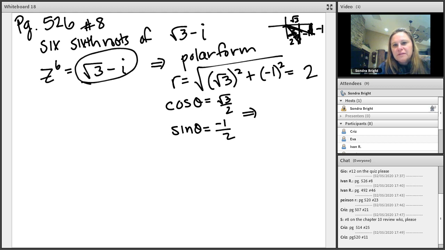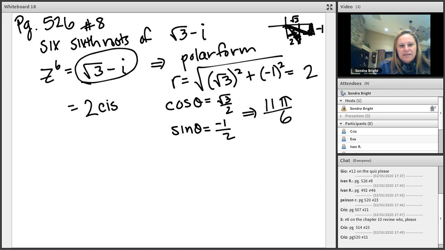Cross that out. There's my triangle. That's a better job. And so that guy is what? 11 pi over 6? Sure, positive, negative, yeah, 11 pi over 6, because it's a 30-degree reference angle. Okay, so this guy in polar form is 2 cis 11 pi over 6.